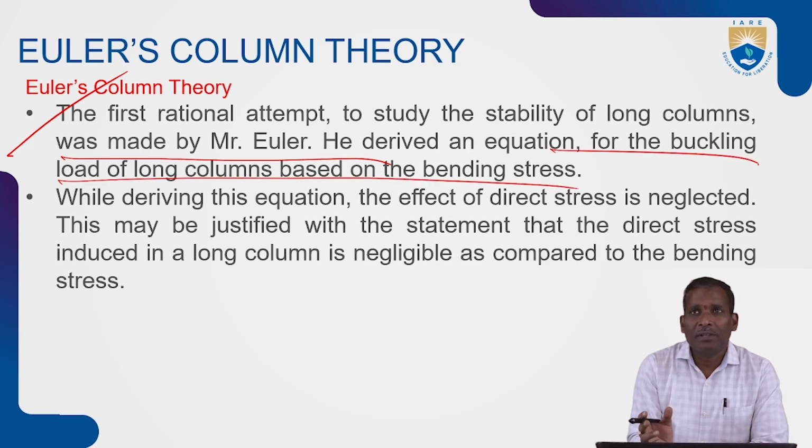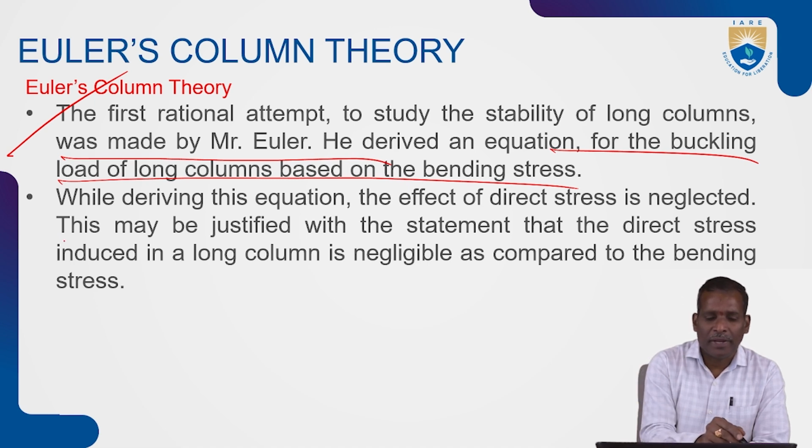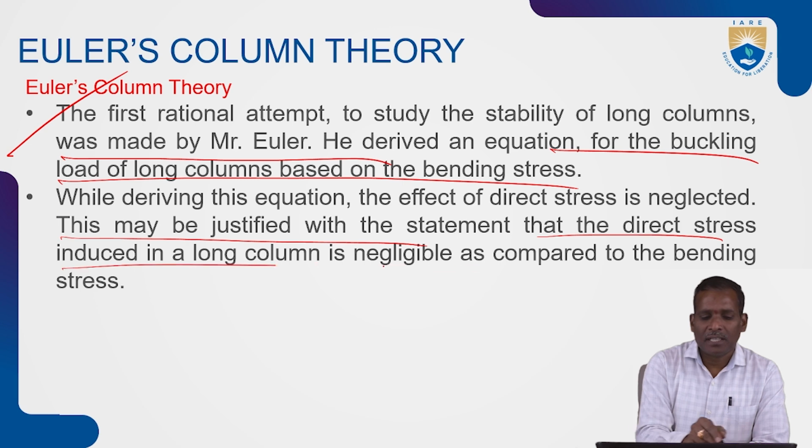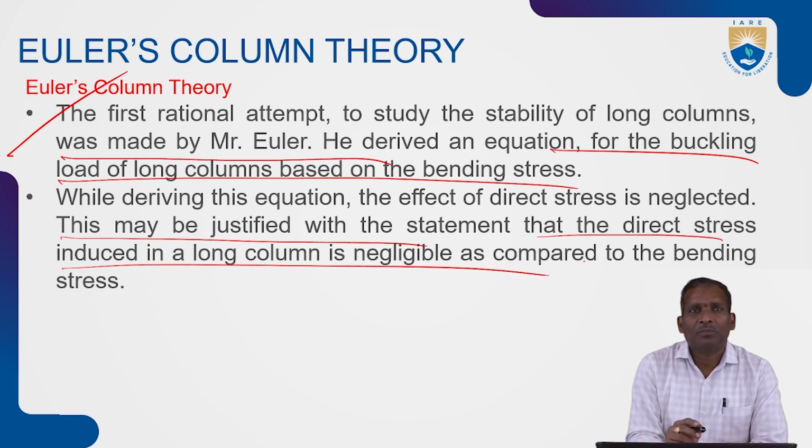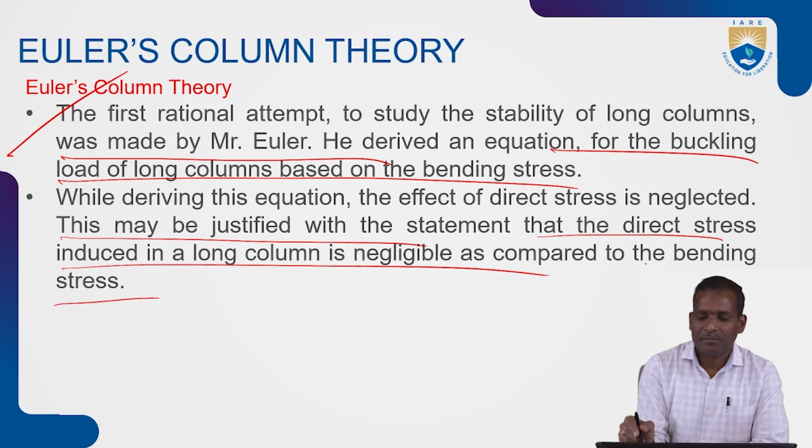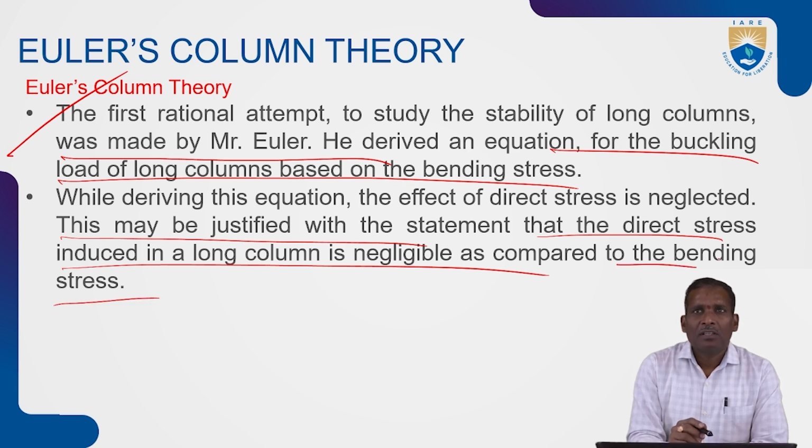But while deriving the equation, the effect of direct stress is neglected. This may be justified with the statement that the direct stress induced in a long column is negligible as compared to the bending stress.